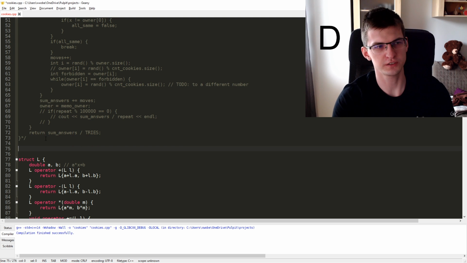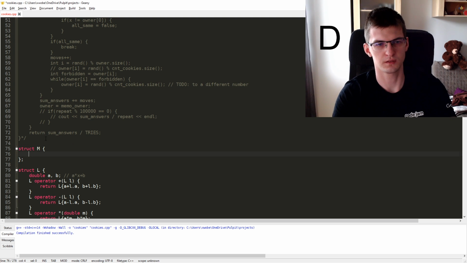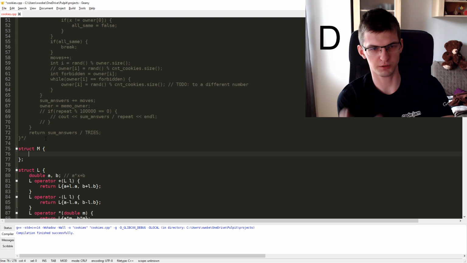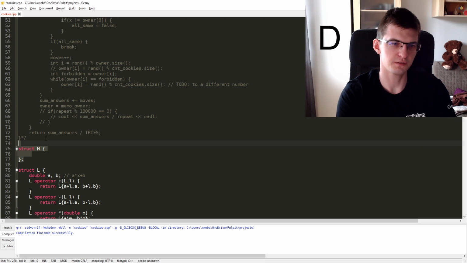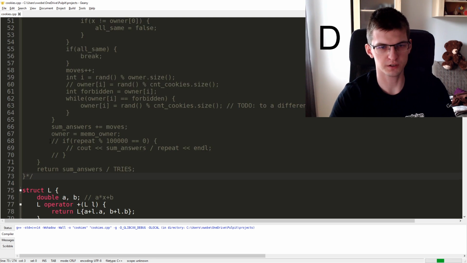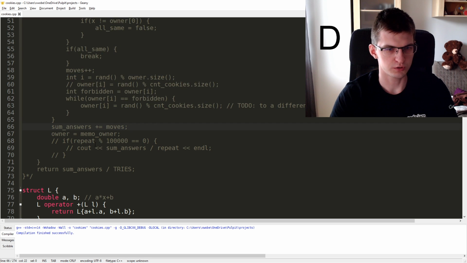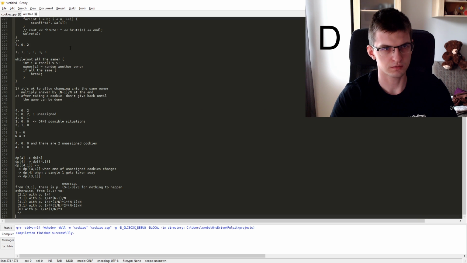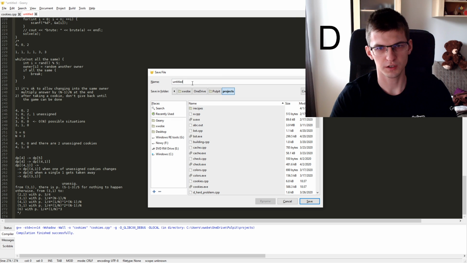I mentioned earlier this struct for modular operations, that it will be able to add, subtract, print, and so on. I will save it and later maybe work with this code again.